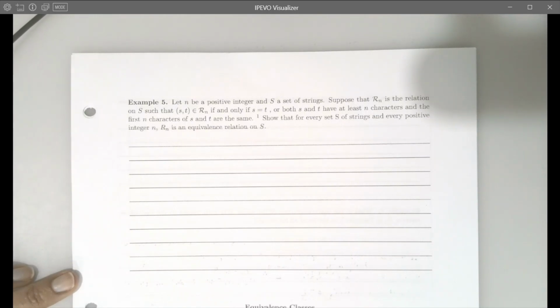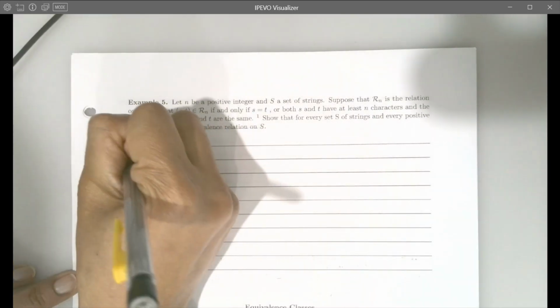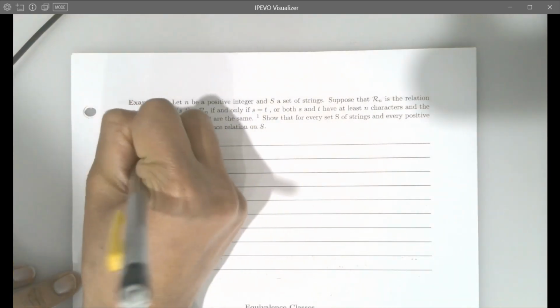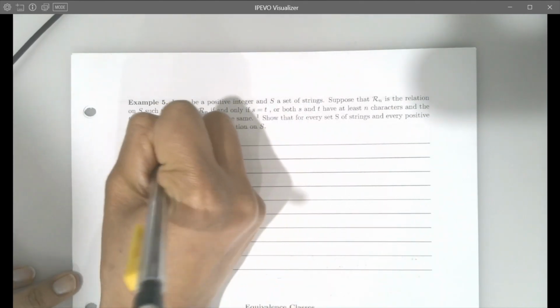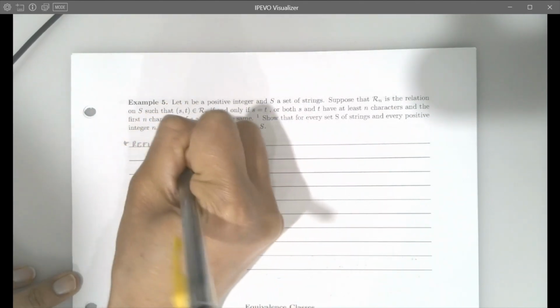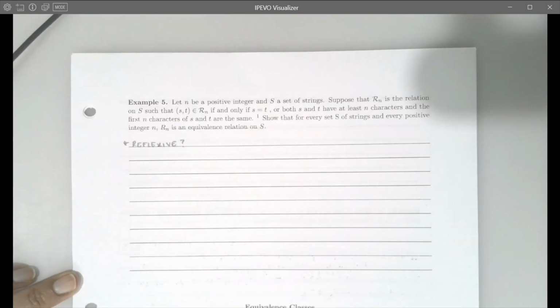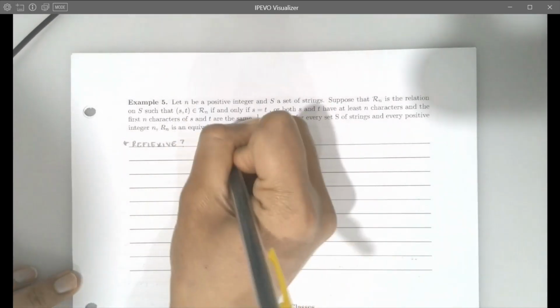Okay, so again, we have to go through the three properties of an equivalence relation, which are reflexive, symmetric, and transitive. Okay, so is it reflexive?